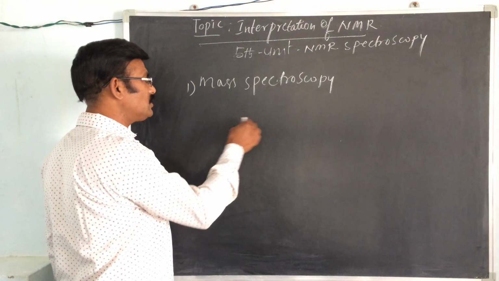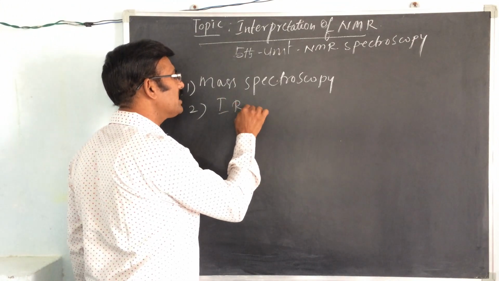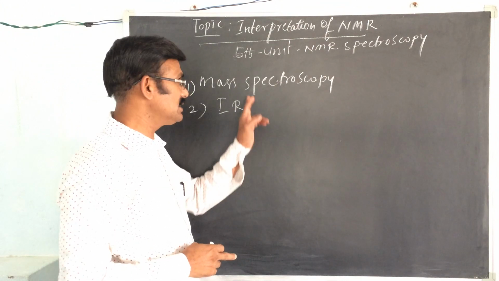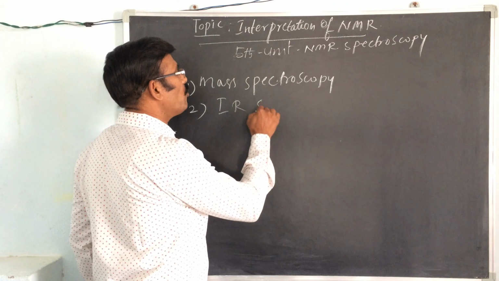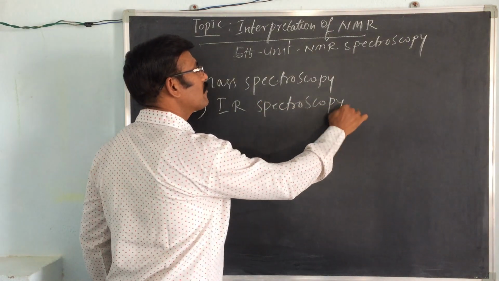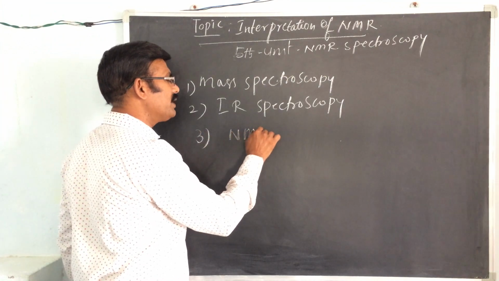One is mass spectroscopy. The second one is IR spectroscopy, infrared. Already we have completed this; this is in our syllabus. Mass is not in our syllabus. And the third one is NMR spectroscopy.